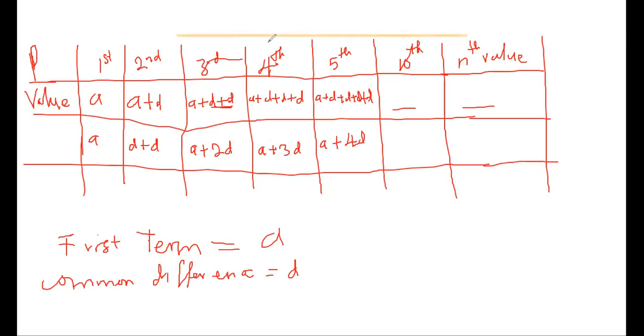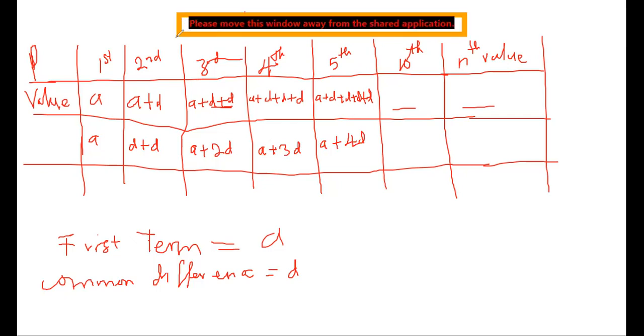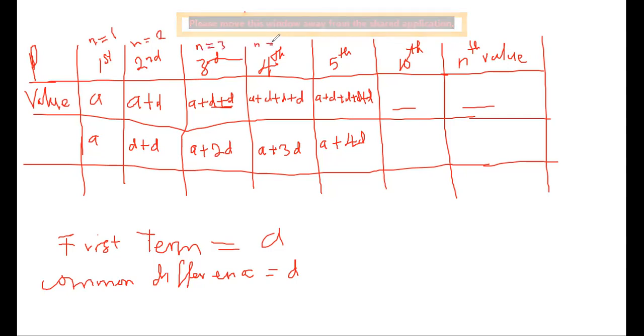So if we can come back slightly, this is the first term, meaning when we are counting them, n is 1 here, n is 2 here. If n stands for the number of terms, n is 3, n is 4, and n is 5.